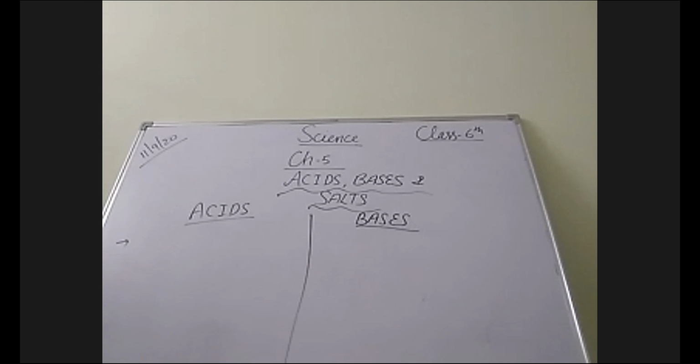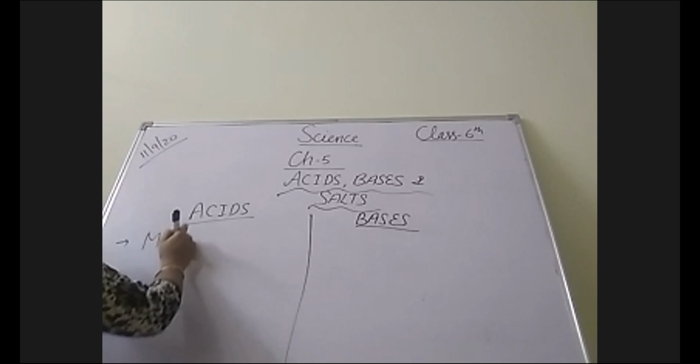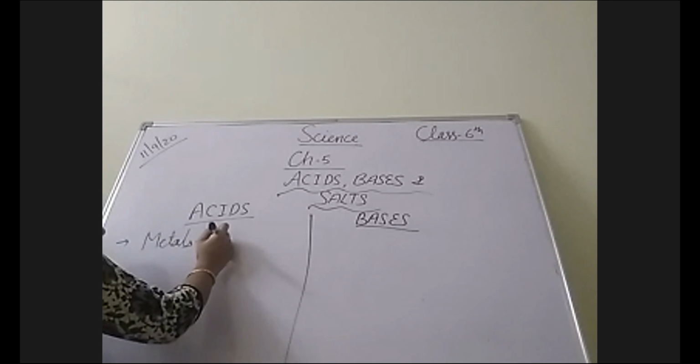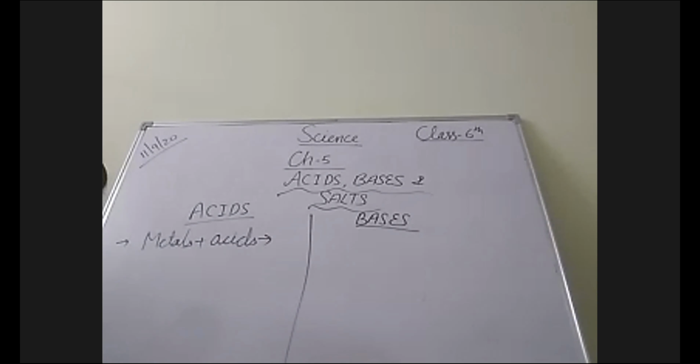Okay, so let's write it down. Metals. What are the metals? Aluminium, copper, zinc. All these are metals. Gold and silver are also metals, which have a shiny appearance and luster.